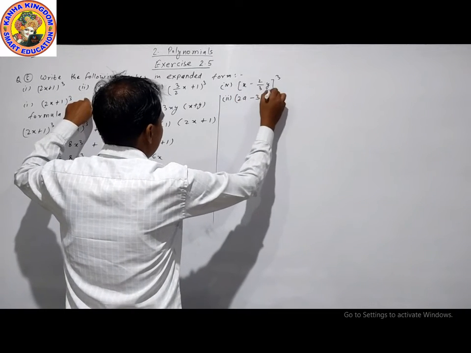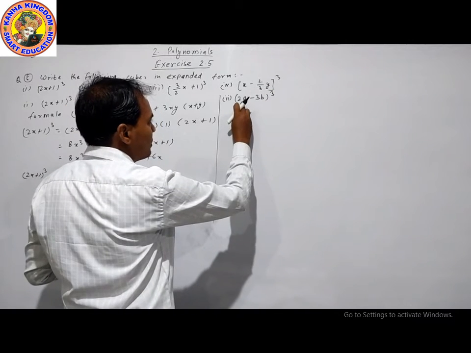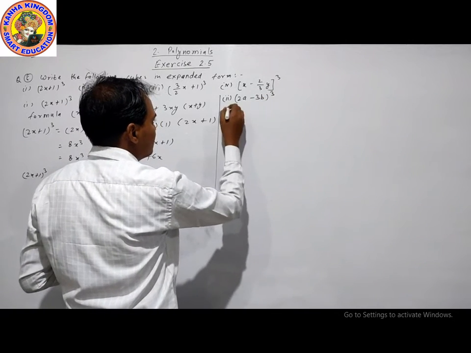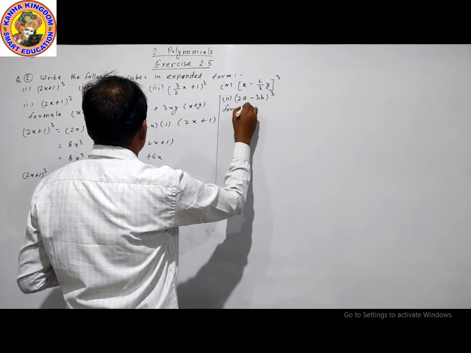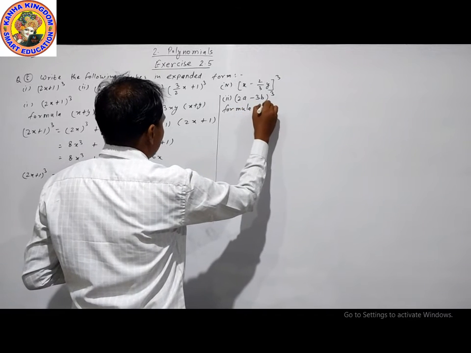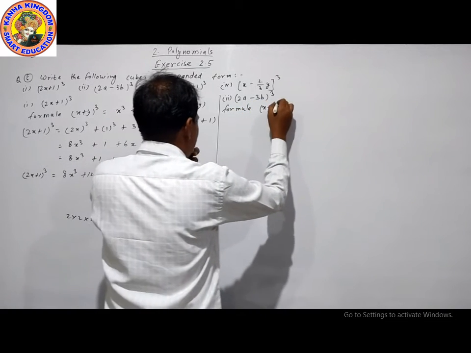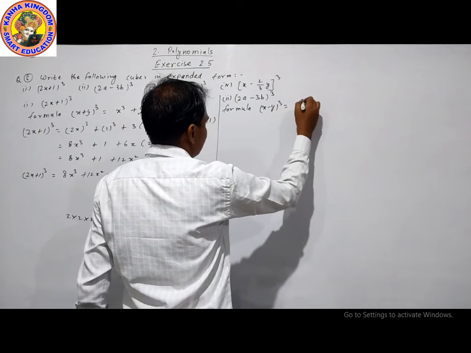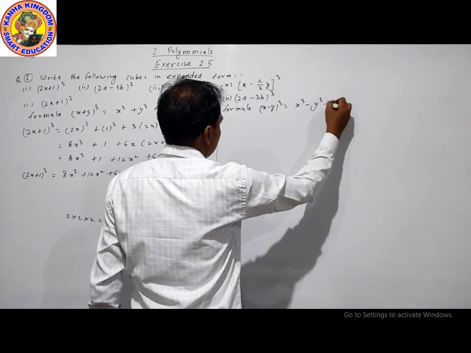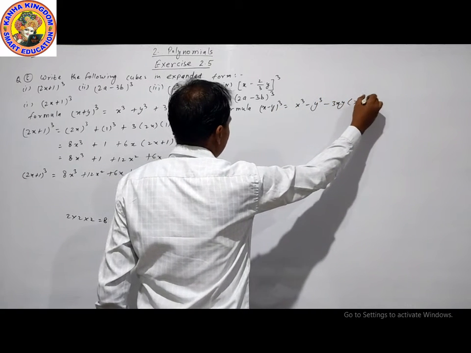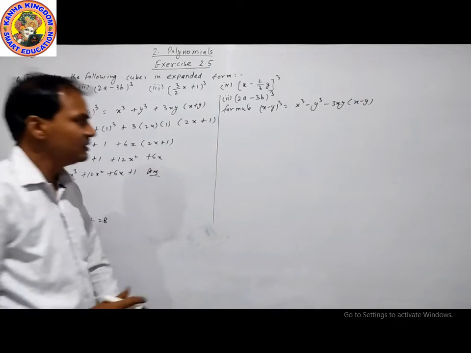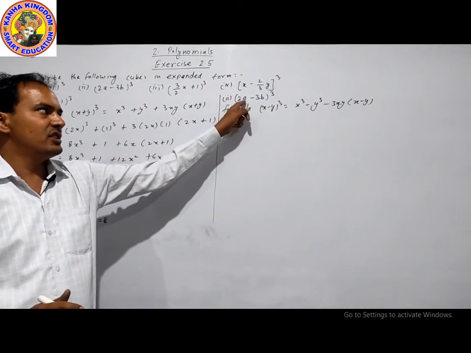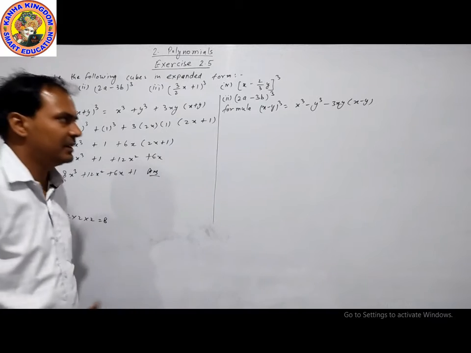The second part is (2a minus 3b) cube. Here the formula is (x minus y) cube: x cube minus y cube minus 3xy (x minus y). By comparing, x is 2a, y is 3b.